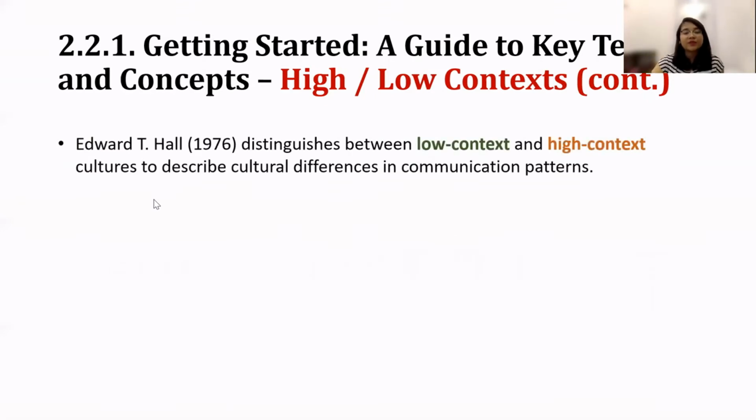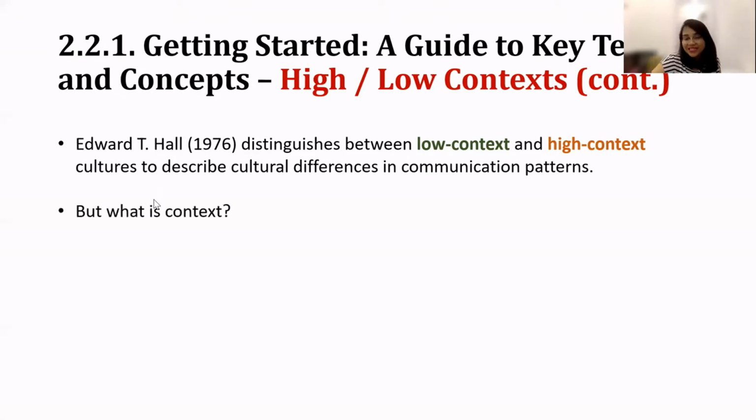The next one, let's find out what is high and low context. It's from Hall 1976, who distinguishes between low context and high context cultures to describe cultural differences in communication patterns. Actually, there are a lot of factors that we can use to describe cultural differences, but let's start from differences that are divided by high context and low context.